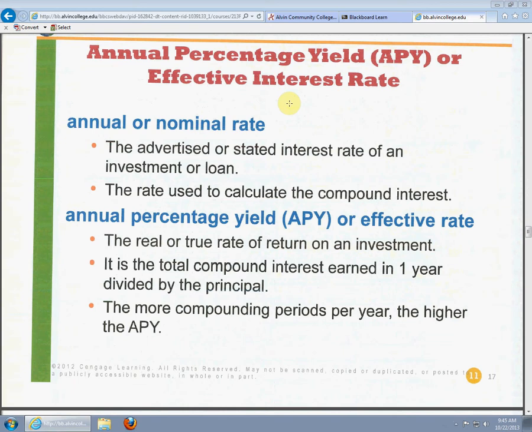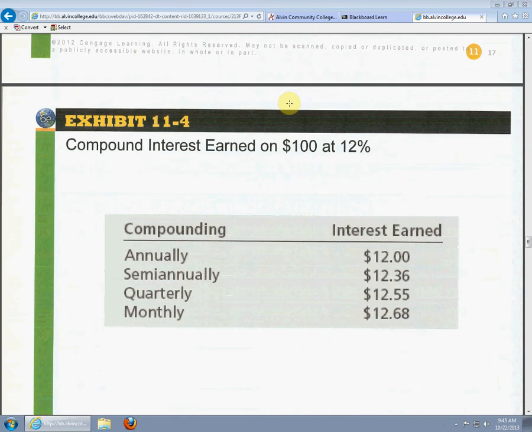So this shows you if you have $100 at 12% and it's compounded annually, you're getting $12 in interest earned. Semi-annually, you're getting $12.36, quarterly $12.55, and monthly $12.68. So you can see that the more that you have it compounding, the more money that you can make.